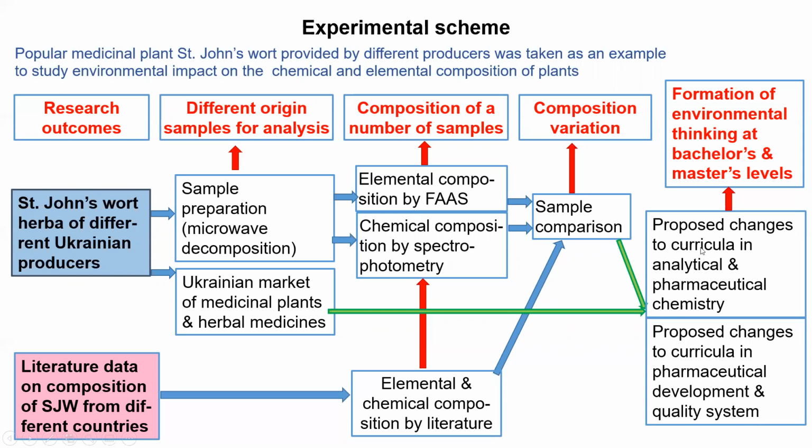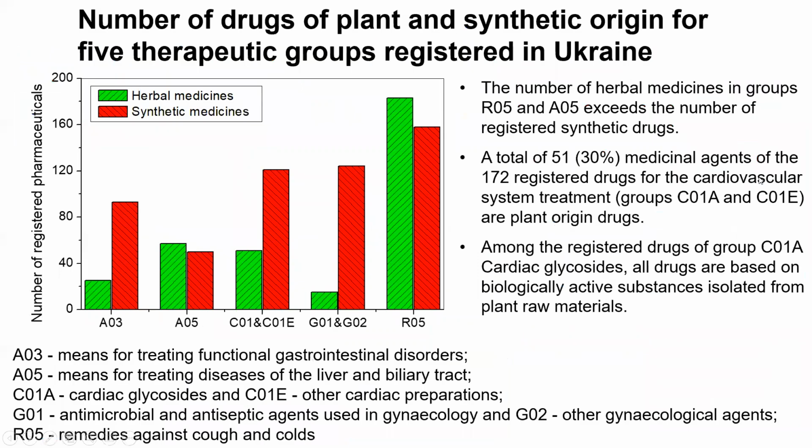You see proposed changes to curricula in analytical and pharmaceutical chemistry for bachelor levels and changes to curricula in pharmaceutical development and pharmaceutical quality system for master's levels to form environmental thinking at these levels of study. Next slide demonstrates our results.